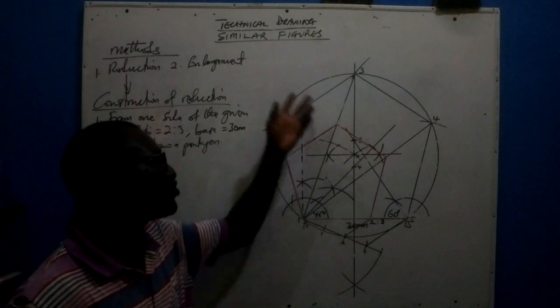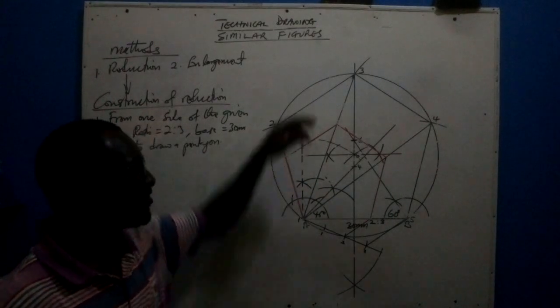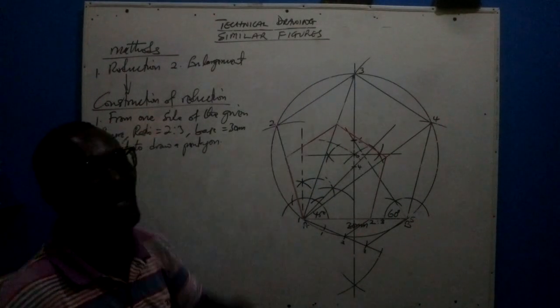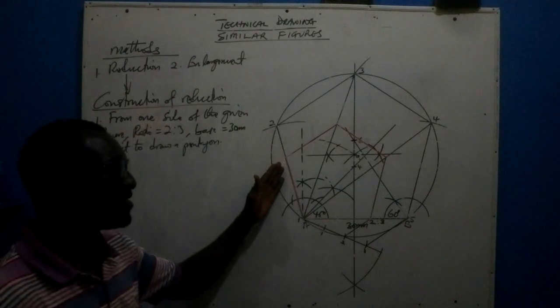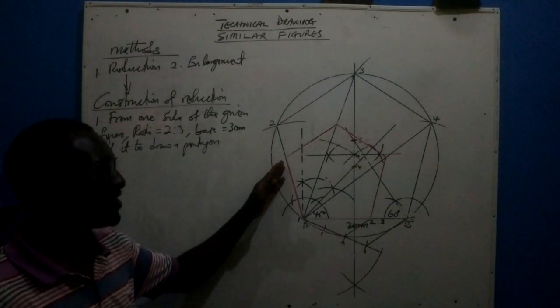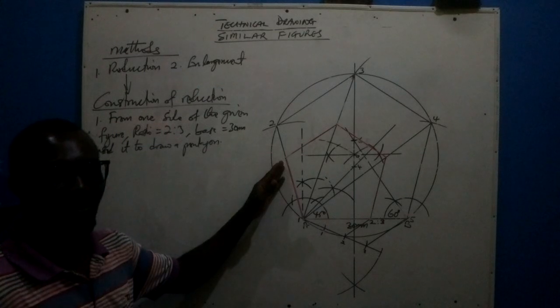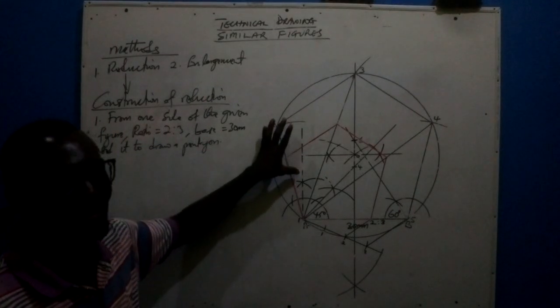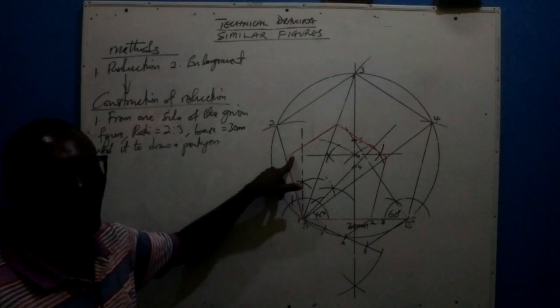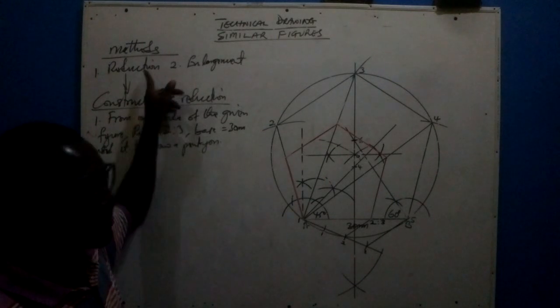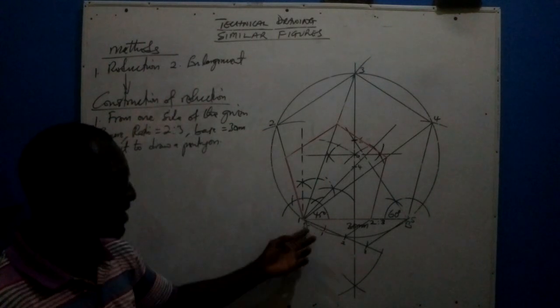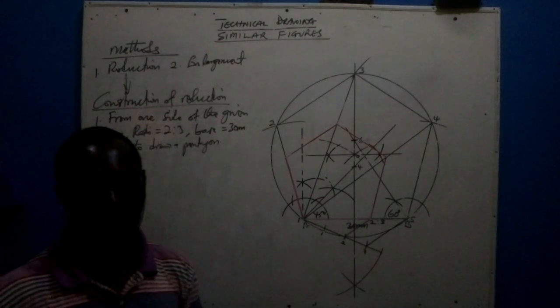Here, you can see 2 figures: the given figure and the reduction figure. Have you seen they look the same thing? But it's different in one side. This is the smaller. Because it's smaller, we call it reduction.